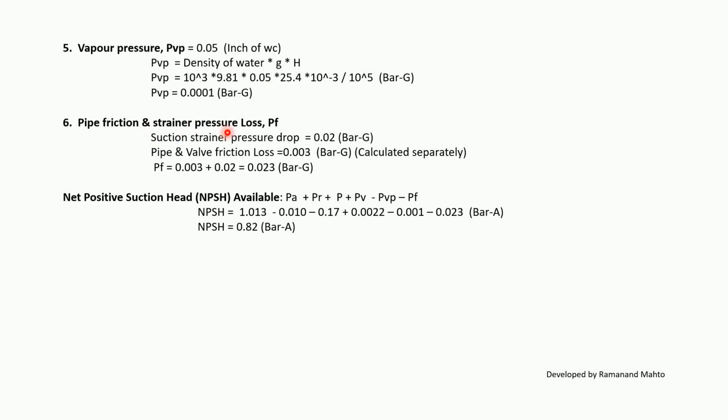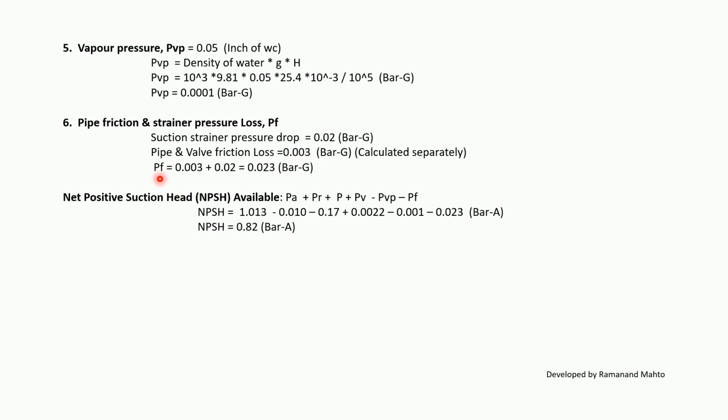Pipe friction and strainer pressure loss. Suction strainer pressure loss is given, that is 0.02 bar gauge, and pipe and valve friction loss is 0.003 bar gauge, calculated separately. We have made a separate video on how to calculate the pressure loss, through which we can calculate it, which is coming 0.003.